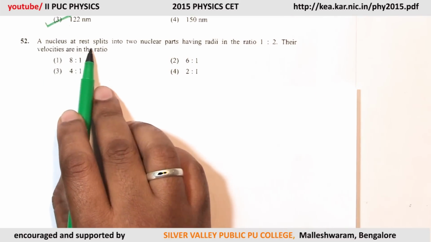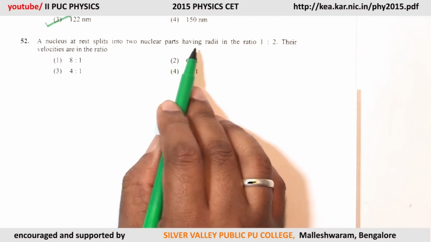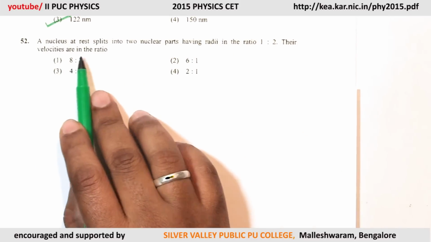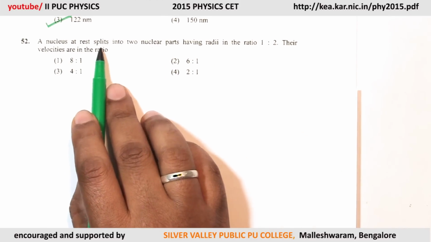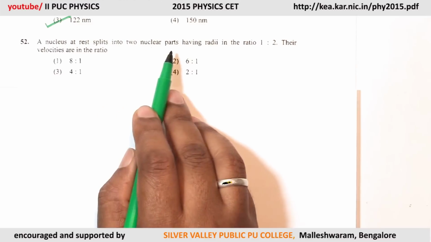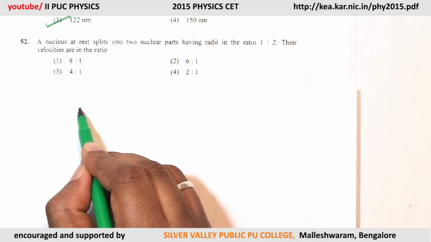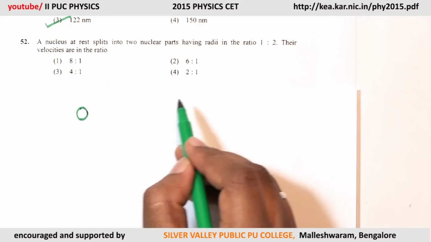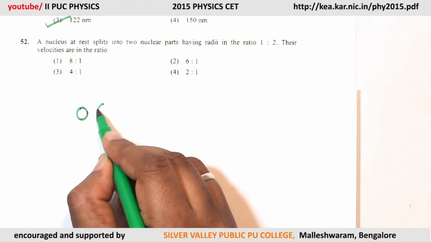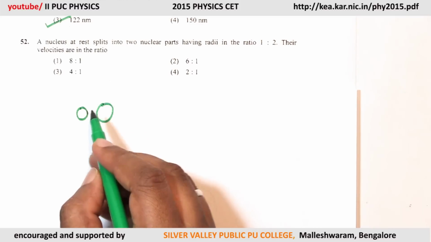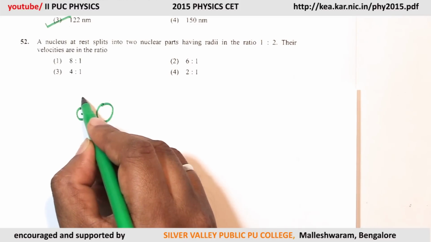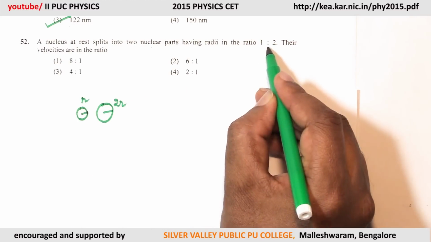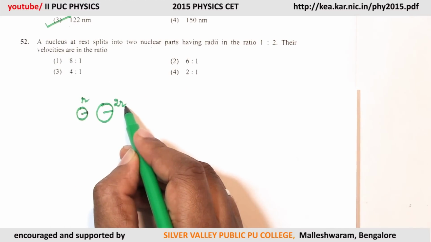A nucleus at rest splits into two nuclear parts having radii in the ratio 1:2. Their velocities are in the ratio. If it splits into two, then momentum remains constant. This is one part, this is second part. Radius of this is R, radius of this is 2R. 1:2, R and 2R.